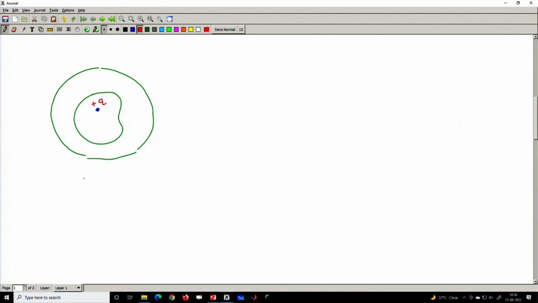So the point charge is inside the cavity of the conductor.